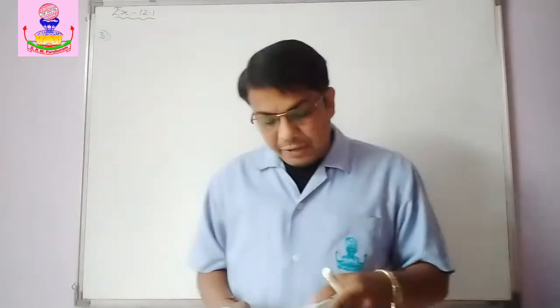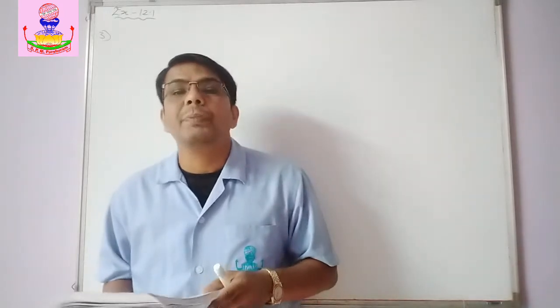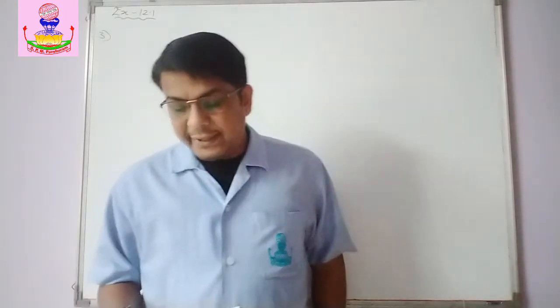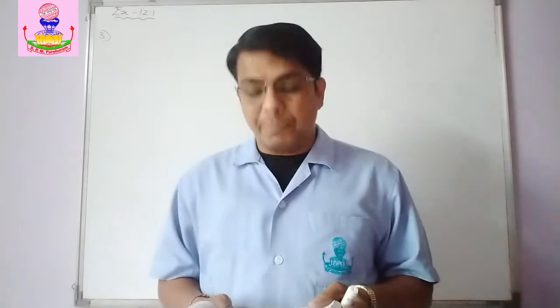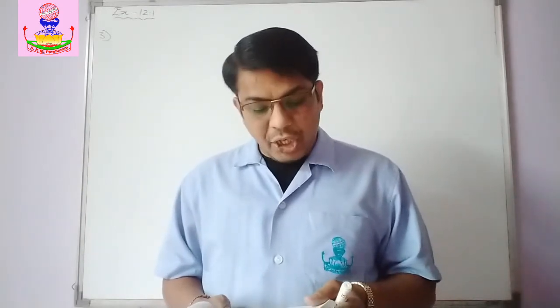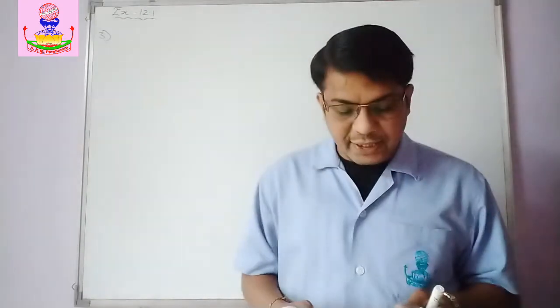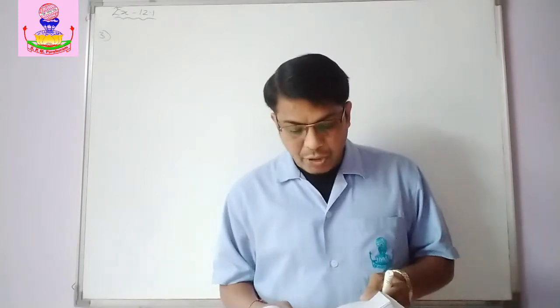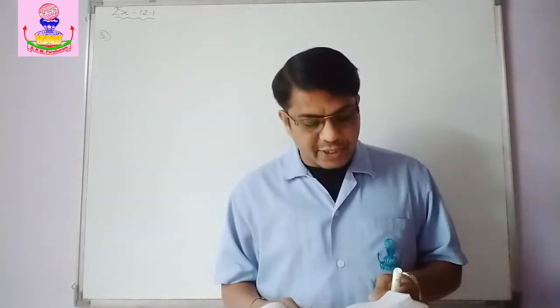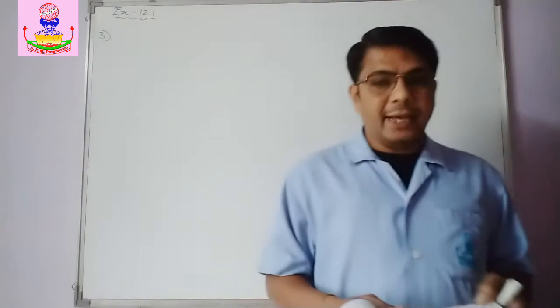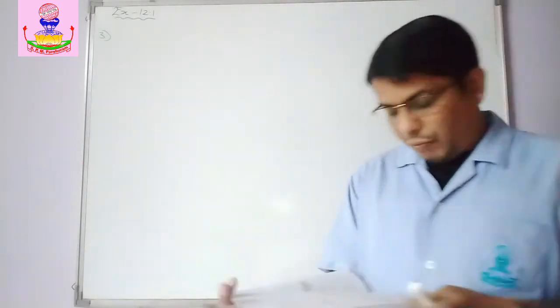Now see third, a bus traveled from village A to village B at a speed of 40 kilometers per hour. On the return journey, its speed was 60 kilometers per hour. What is the average speed of the bus during the entire journey?